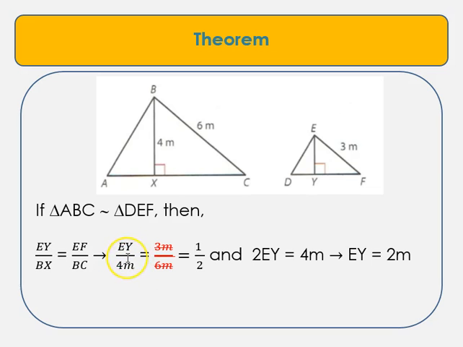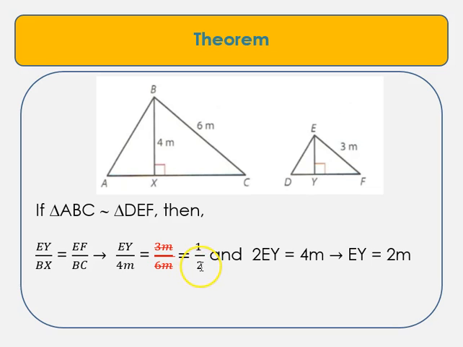If EY over 4 meters, which is the altitude of BX, equals 3 meters over 6 meters, we can take this 3 and 6 meters and we can reduce it. Meters cancels out meters. 3/6 is 1/2. So EY over 4 meters equals 1/2.